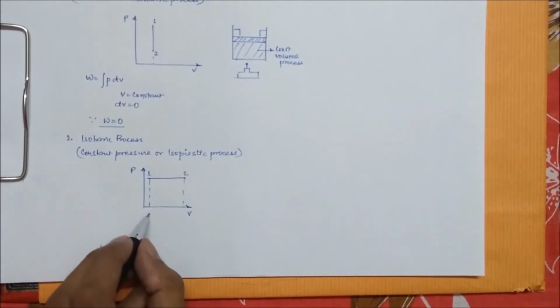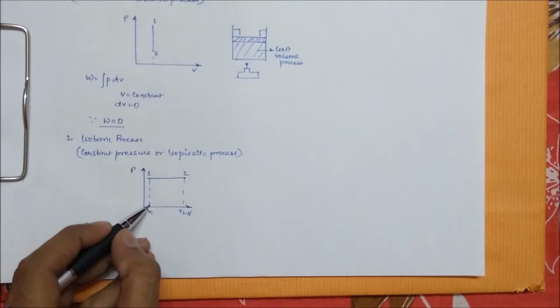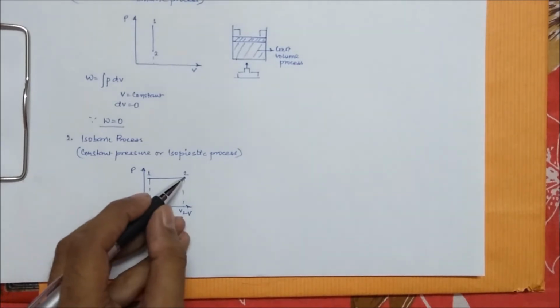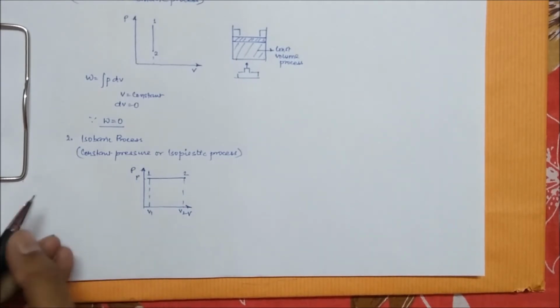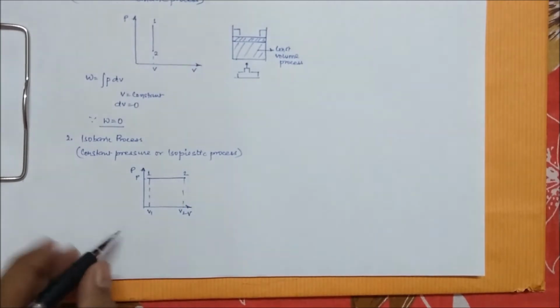And we have V1 and V2 corresponding to the process. For state 1 it's V1, for state 2 it's V2, and the pressure is constant.